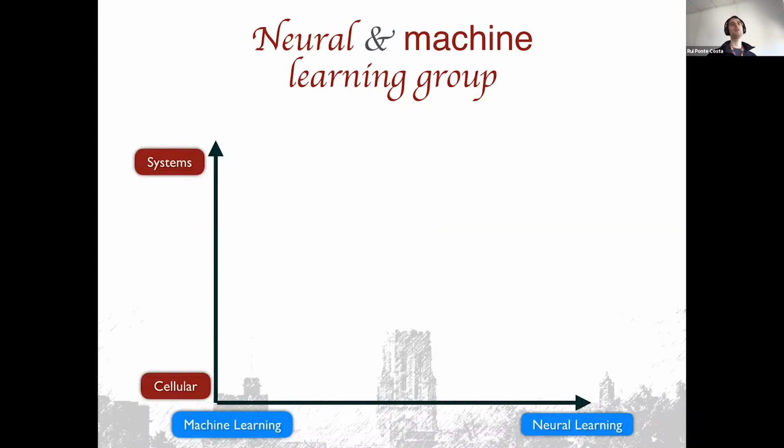In particular, we can represent what we do in these two dimensions. On one dimension, we have learning from the pure machine learning side of the spectrum, to neural learning, more close to neuroscience, as well as the level at which we can address the questions we are interested in. From a more cellular level, where we are interested in how different neurons interact with one another, to a more systems level, where we are interested in how different brain areas interact with one another.